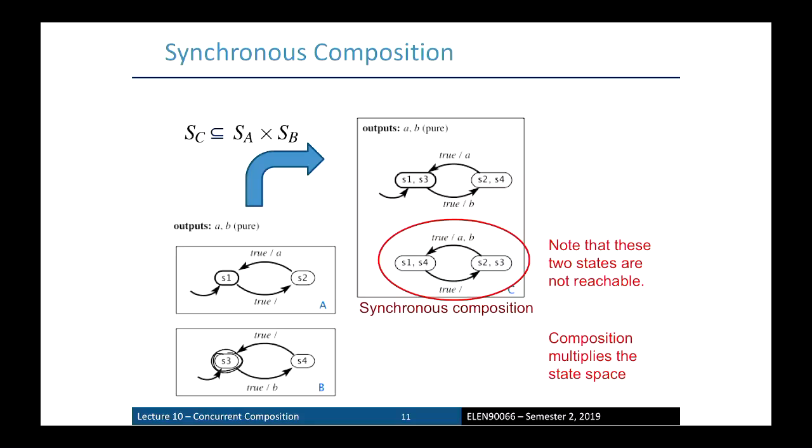We represent that as this combined bubble, showing the combined state of the system. We also translate the outputs across, so when this transitions to S2, the output is absent for this machine, but when this goes from 3 to 4, the output is B. So in this case, the output is B. Once we're here, that guard is always true, so when we take that transition, we migrate back to the S1, S3 joint state.